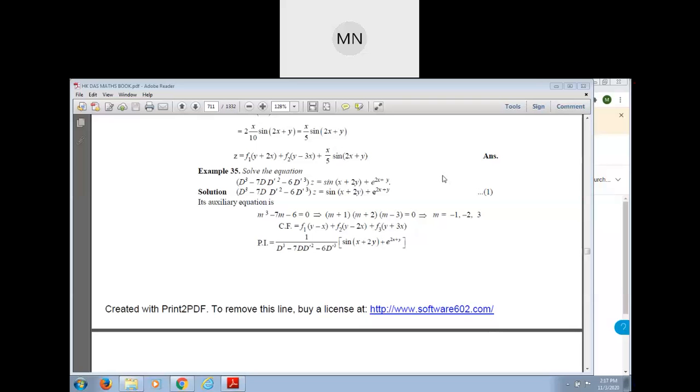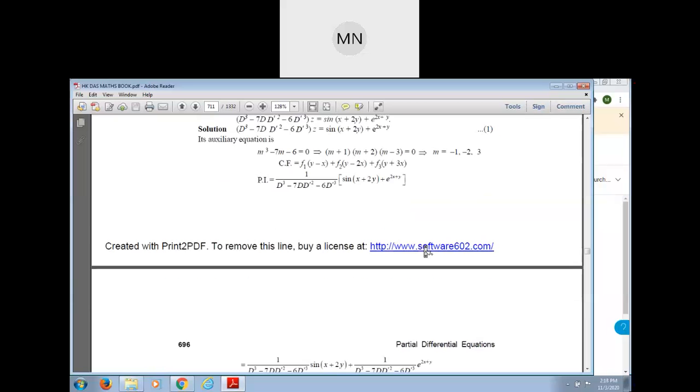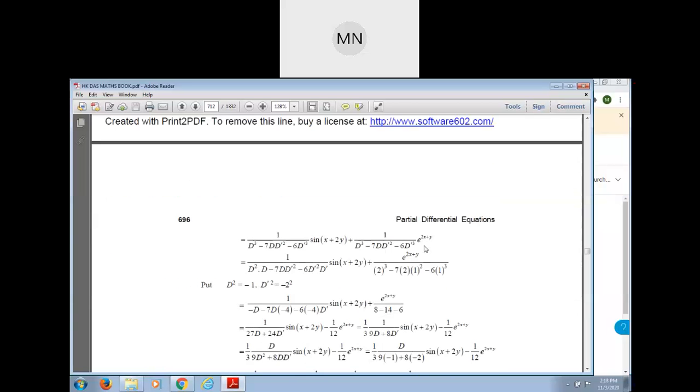Okay, next step, separate these two functions. Separate both the terms. So it gives us 1 by D cube minus 7 D D dash square minus 6 D dash cube into sine of x plus twice y, and 1 by D cube minus 7 D D dash square minus 6 D dash cube into e to the power twice x plus y.